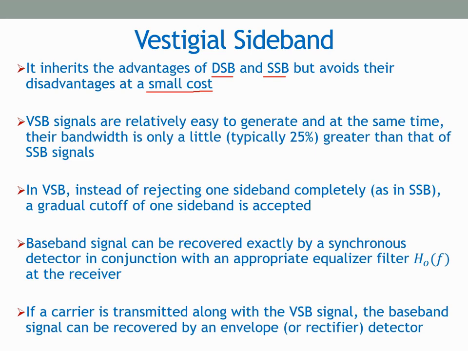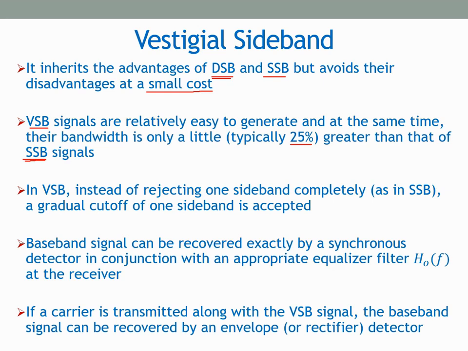VSB signals are relatively easy to generate, so we are going to use a similar technique as the DSB signal, and at the same time their bandwidth is only a little, typically 25% greater than that of SSB. So the main benefit of SSB was the bandwidth conservation. VSB also provides the same benefit, but it has a slightly greater bandwidth, around 25% compared to the SSB.